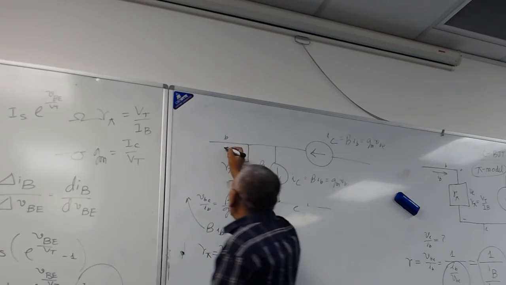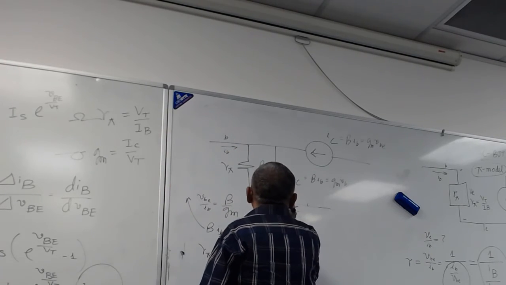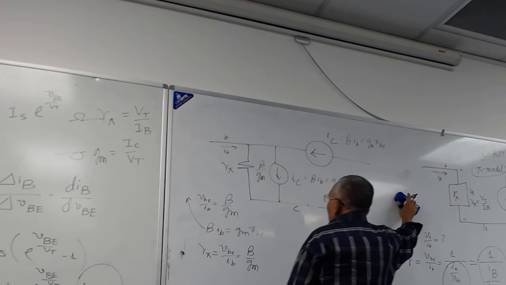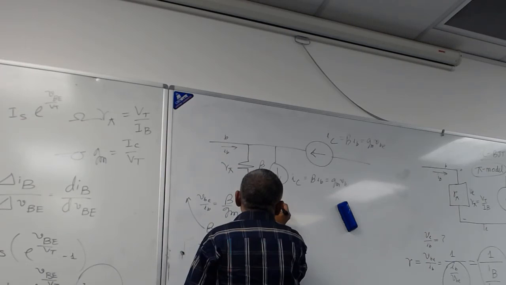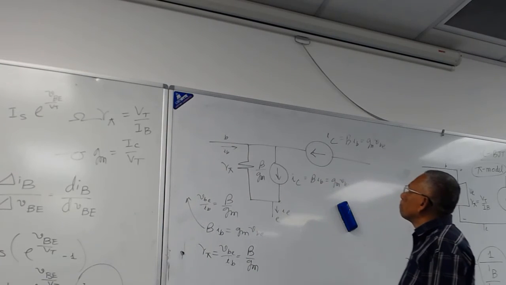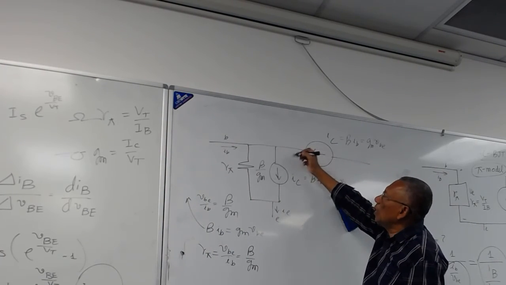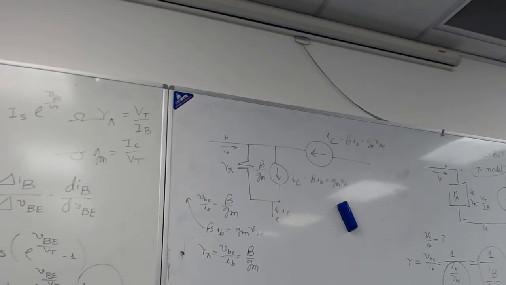So this is your base current IB, and this is the emitter current. You can combine them together and go one step down, and this is the emitter current IE. This is your collector current. So I'm taking this current source, putting this current to the base, and again taking it away.